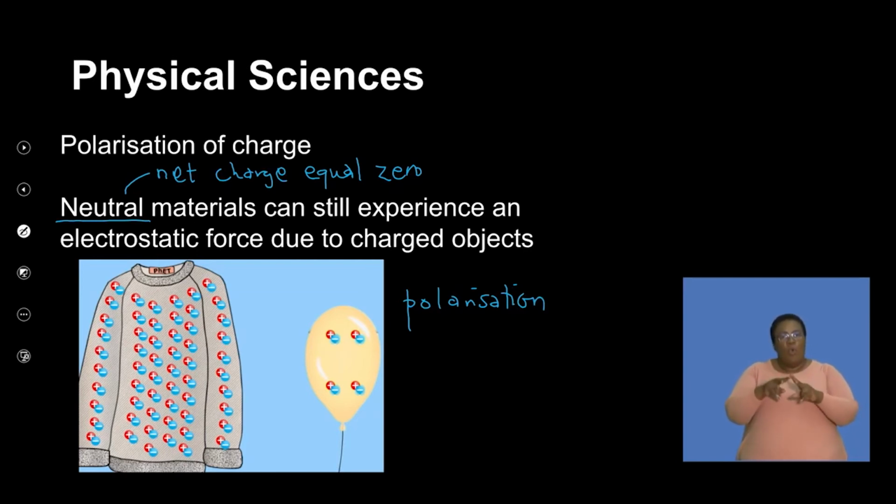So if we draw this balloon closer, the negative charges on the balloon will attract the positive charges on the jersey, while at the same time repelling or pushing away the negative charges on the jersey. So there will be a force between these two that acts as both attraction and repulsion.